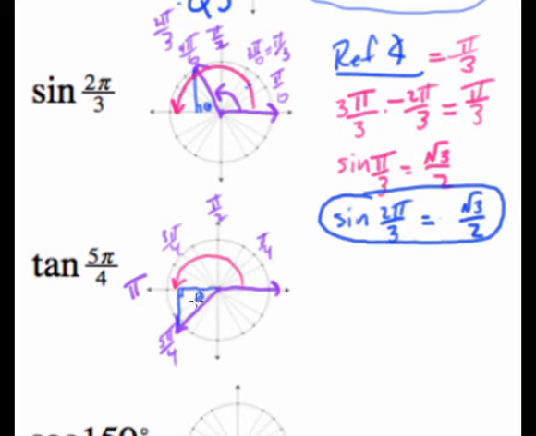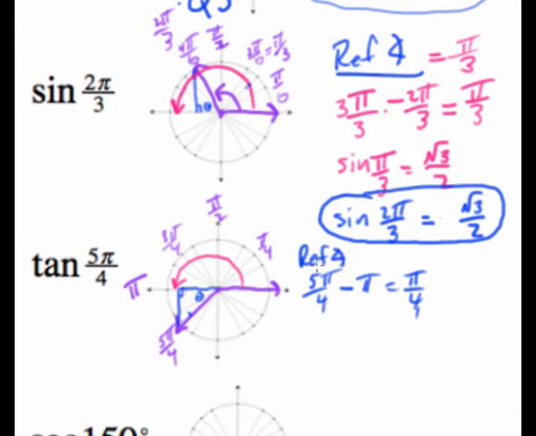So we're going to take 5 pi over 4 and subtract off pi, which is the red angle. And 5 pi over 4 minus 4 pi over 4 is 1 pi over 4. You should see that this angle in here is 1 pi over 4 because it goes from this negative x-axis to here, and it's just 1 more pi over 4. Okay, so that's how we found the reference angle.